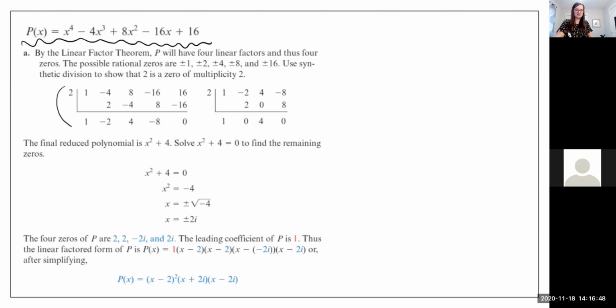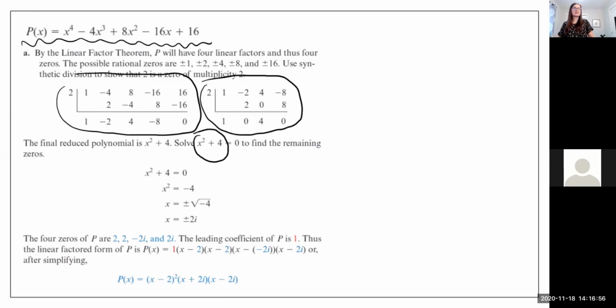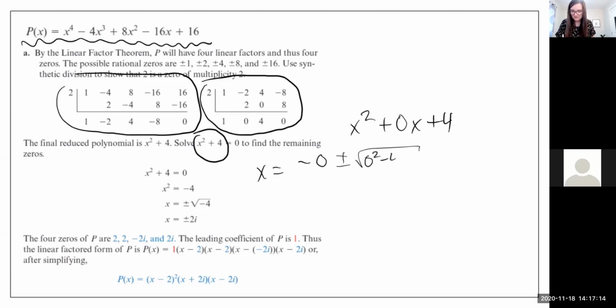They find that the 2 works, they do that, then they take it down again. They find that works, so the final thing they are left with is an x squared plus 4, which does not factor in the real numbers, but it does factor if you use the quadratic formula, negative b plus or minus the square root of b squared minus 4ac.